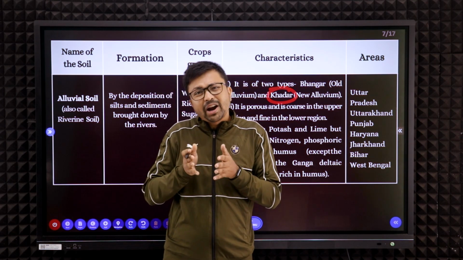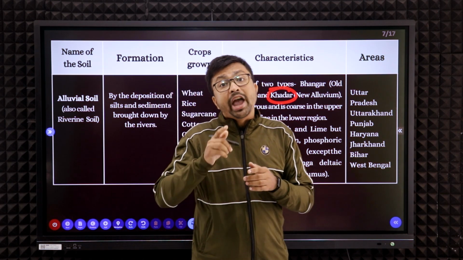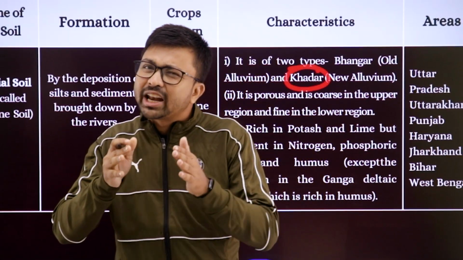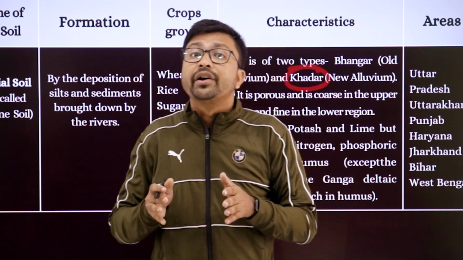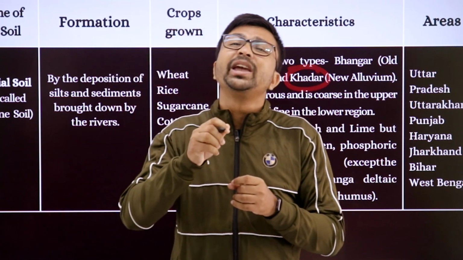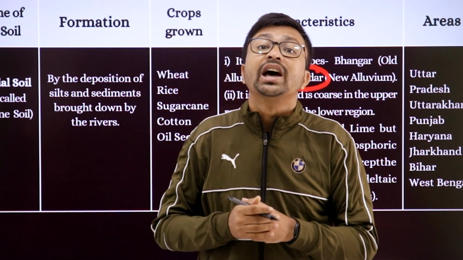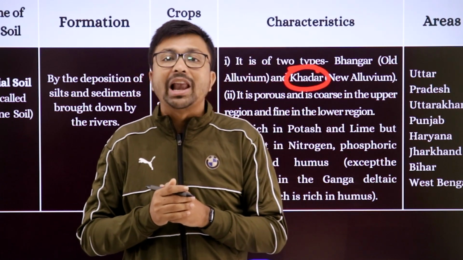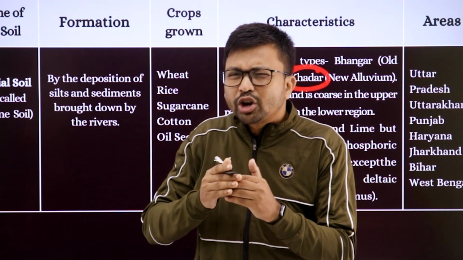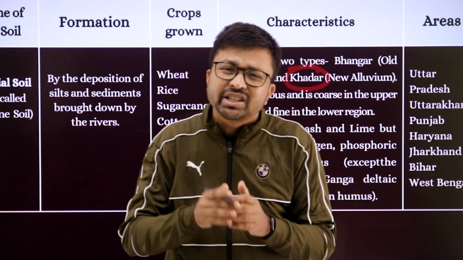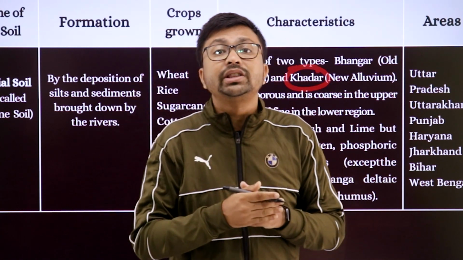Now when the river carries the sediments, every year there are no such big floods, right? So the river deposits the sediments every year close to the river. So that area is replenished by new sediments every year, that is called khadar. It means new alluvial. And the place which is a little bit away from the river bed, the sediments reach there only during big floods.